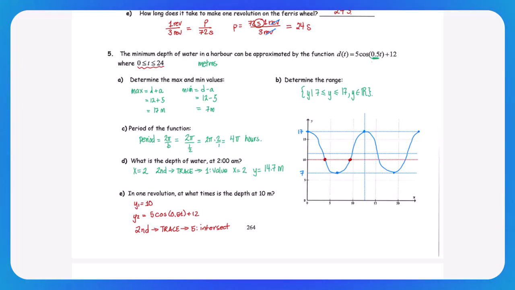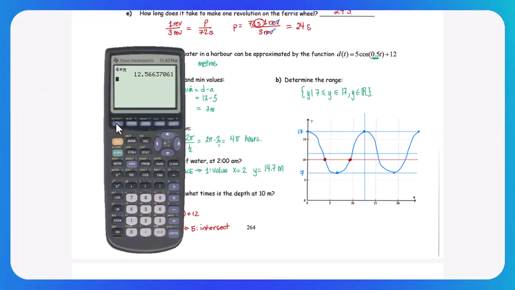So we're going to go back to our calculator. In our y equals, we're going to add the second value of 10. We're going to hit graph. And notice we got the same graph that I'm showing right there. So we're going to find this intersection first. Second trace, 5 for intersect. Now notice this one came all the way up here.